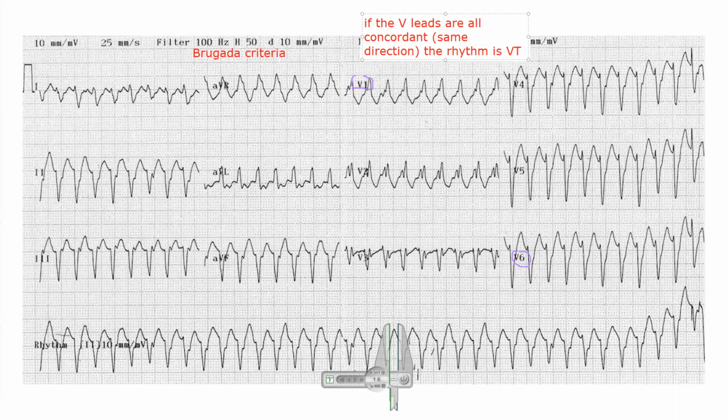Concordance means that all the waveforms are going in the same direction. If they are, then this is ventricular tachycardia. In this particular example, we know that this is not ventricular tachycardia. This is an aberrantly conducted SVT.